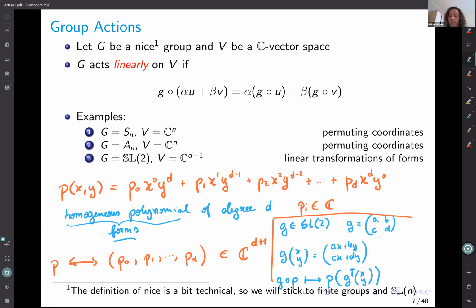You can see that this transformation induces a linear transformation of the coefficients. I'll leave that as an exercise.